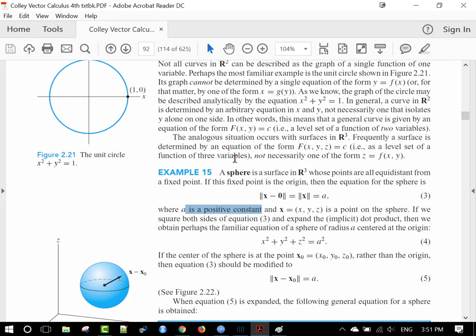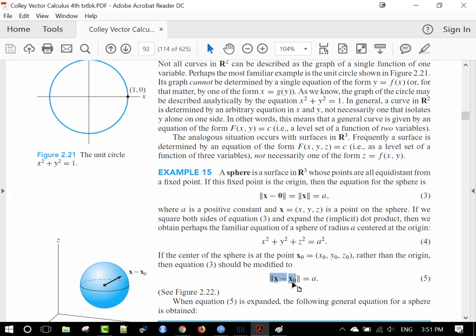And then again, if this is R3 and you rewrite this, it looks like this, and you can see clearly that it's a sphere. If you want something that's not centered at the origin, you just do this: the distance from x to x0 is equal to a.